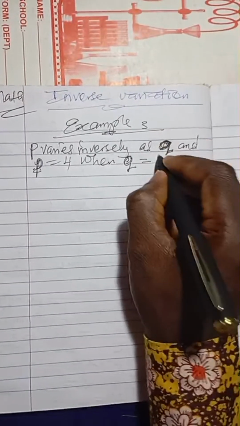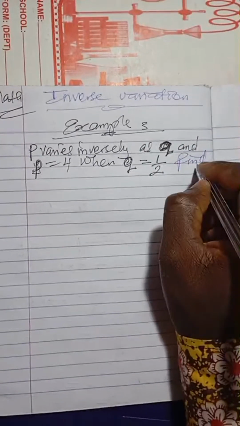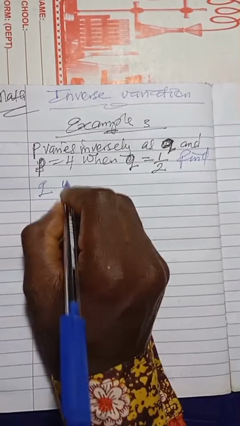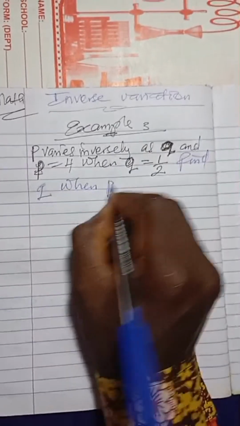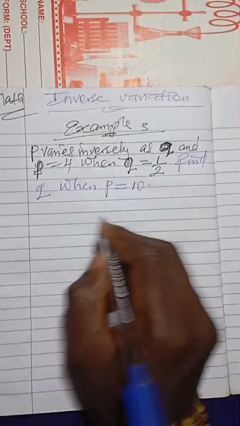Let's go with that. So find the value of Q when P is equal to 10.